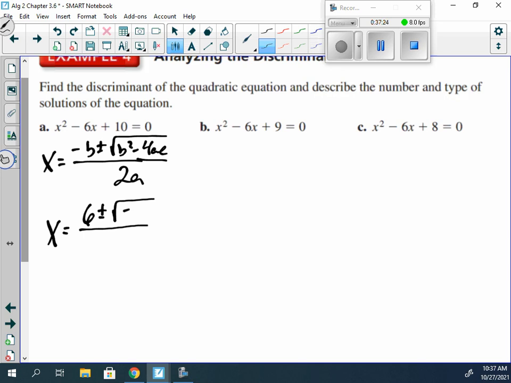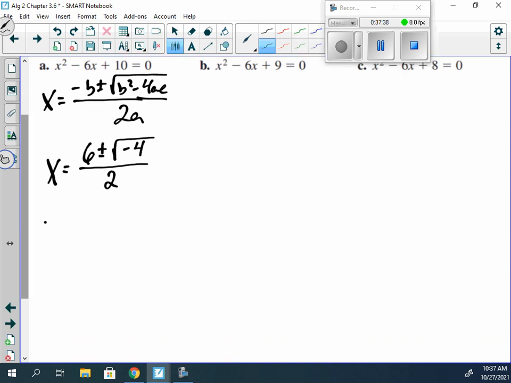Negative 4. And a is 1, so it's over 2. Well, we already found b squared minus 4ac. We found the discriminant already. Now we just need to solve. 6 plus or minus, because the square root of negative 4, well, the negative would be i.